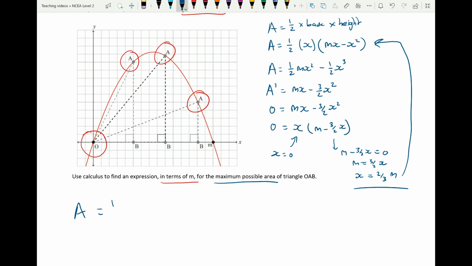So area equals 1/2 times the base. So base is x, so that's 2m over 3, times the height, which is mx, so again x is 2m over 3, minus x squared, so 2m over 3 squared.